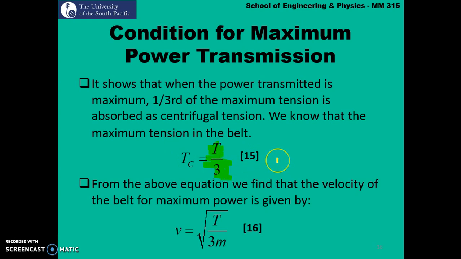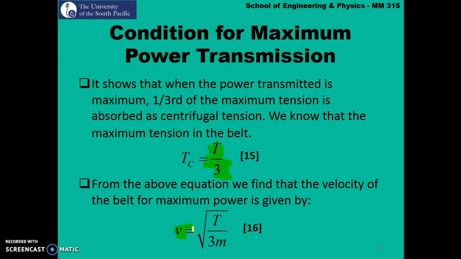When the question clearly states to assume the maximum power transmission condition, you don't need to calculate your centrifugal tension using Tc equals m v squared. You'll simply use expression 15, which says that your centrifugal tension is 1/3 your maximum tension. And we won't use velocity equals pi d n upon 60; we'll use equation 16.